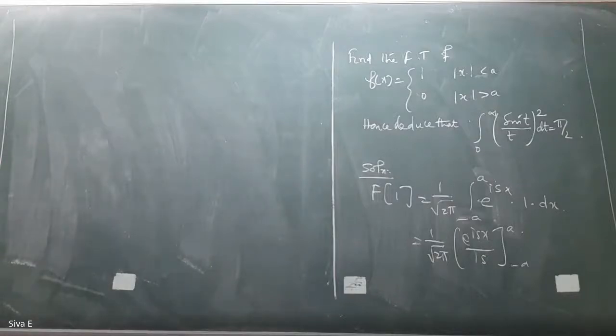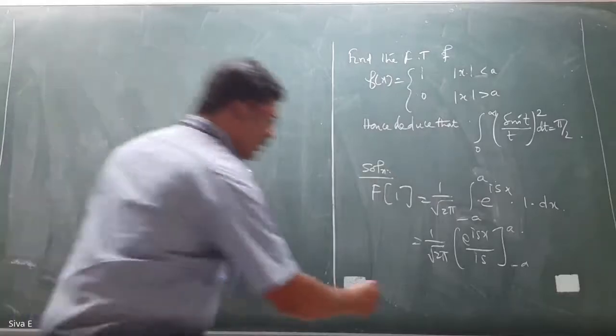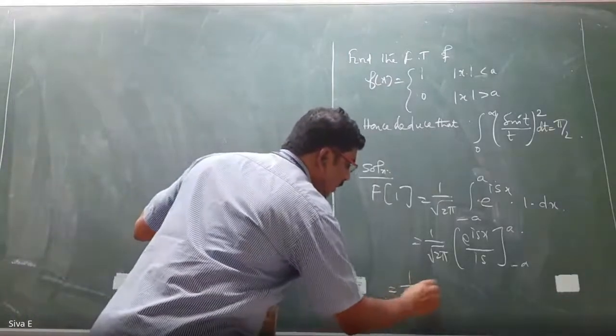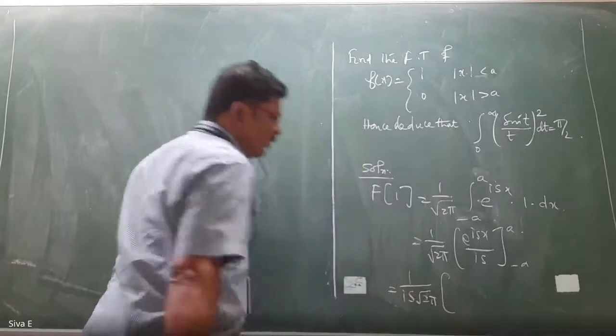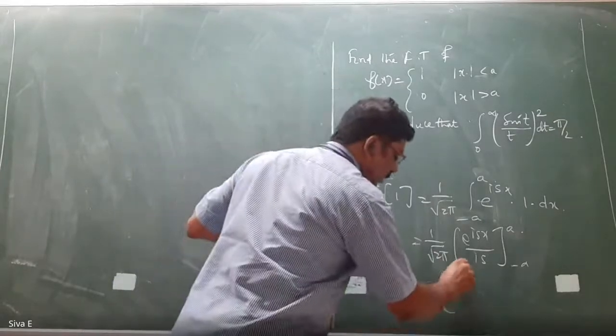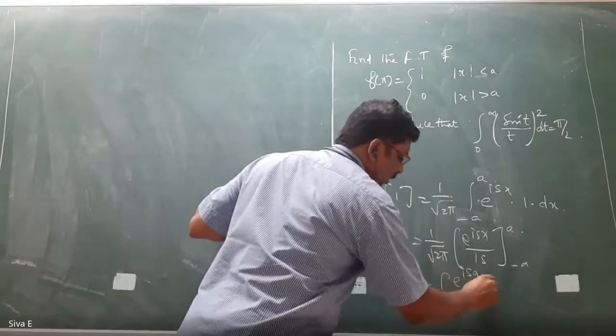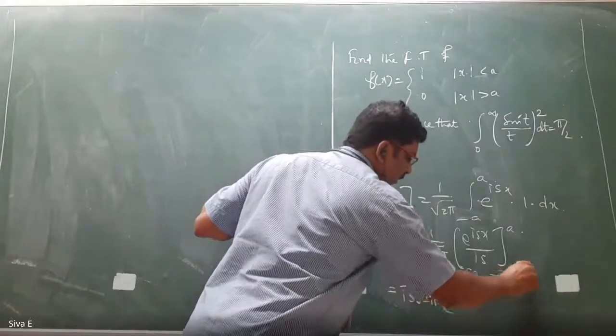Substitute the upper limit and lower limit, what do you get? That is equal to 1 by is root 2 pi, e power isa minus e power minus isa.